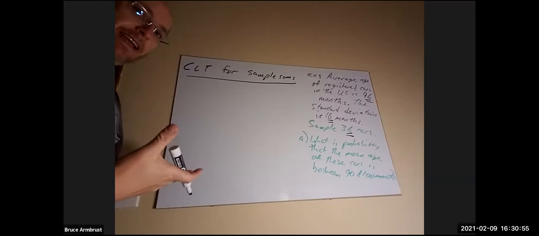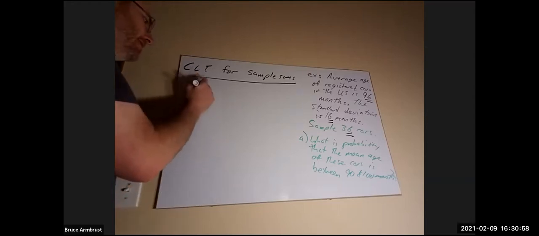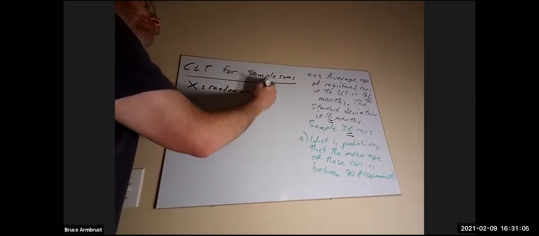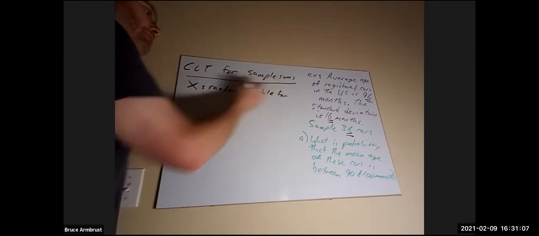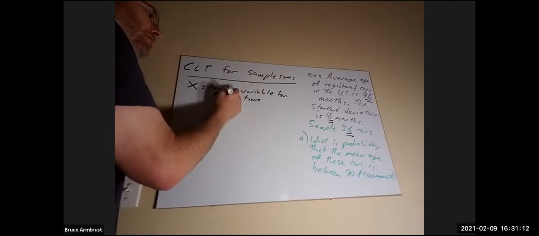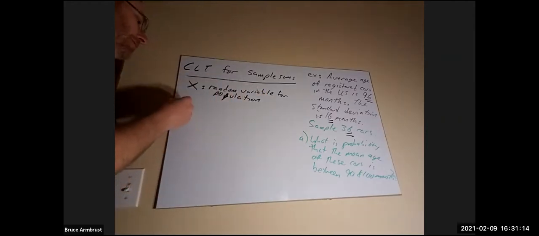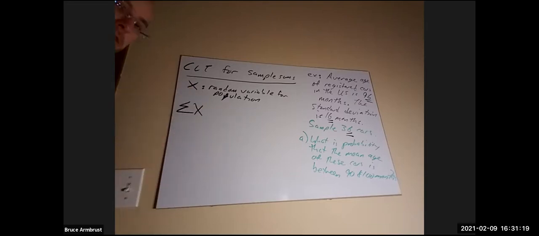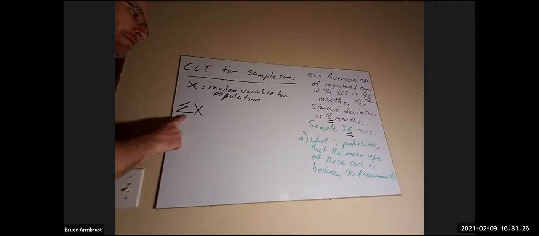All right, so now this time, again, we've got our x, and this is the random variable for the population. Now what we're going to do is create a new one called sigma x. Hopefully you remember this capital sigma that's telling us to add.